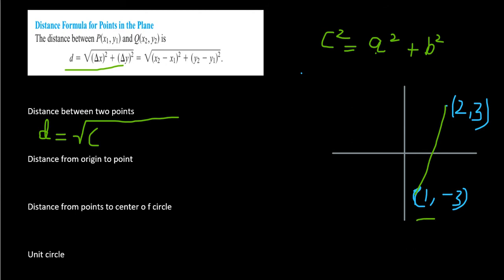This is our x2 and y2, and this is our x1 and y1. x2 minus x1 plus y2 minus y1.